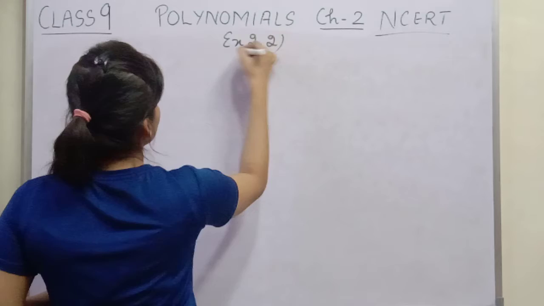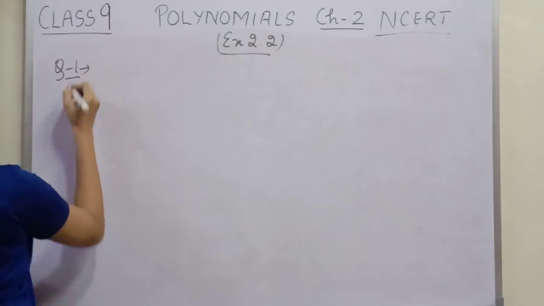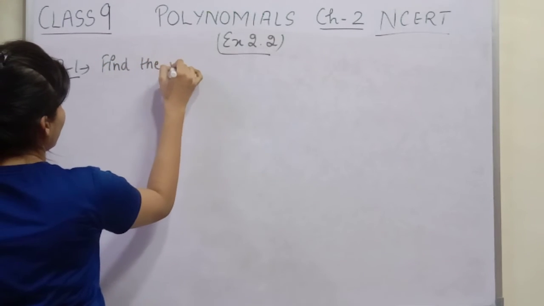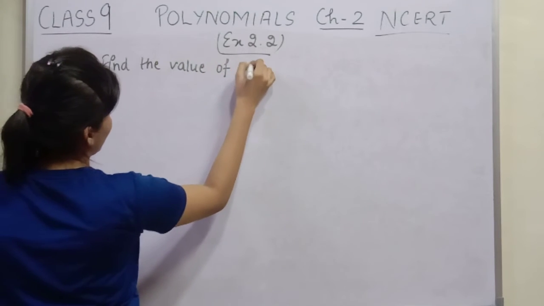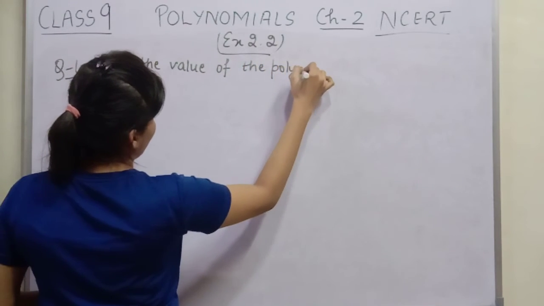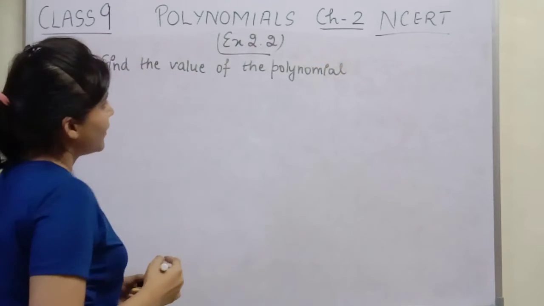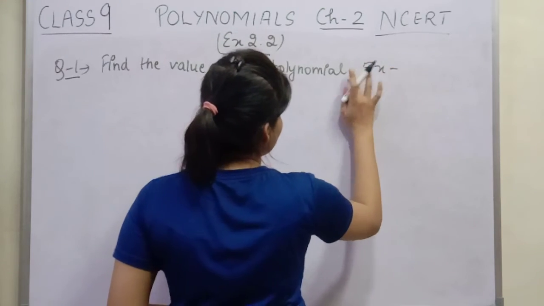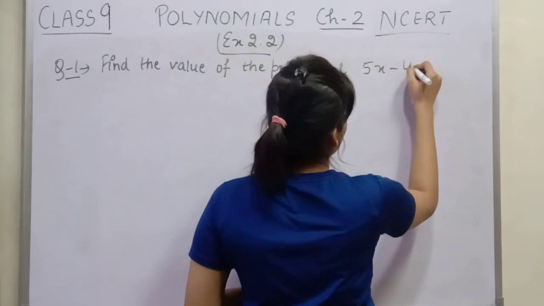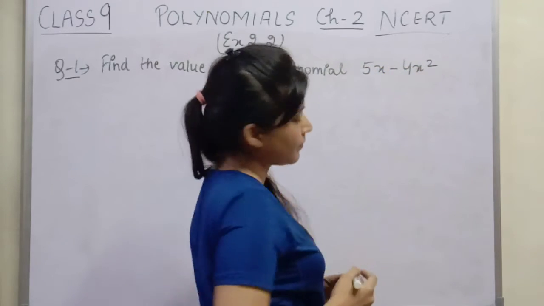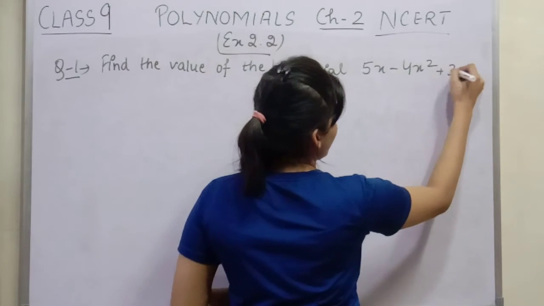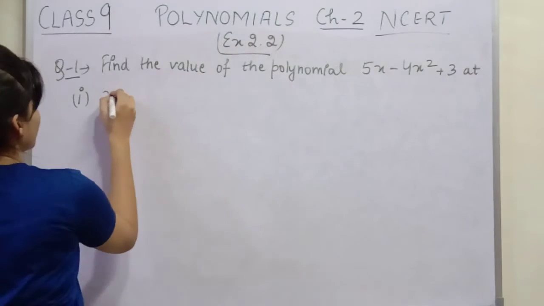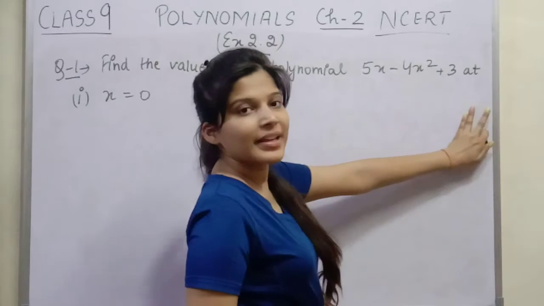Exercise 2.2, question number 1 says, find the value of the polynomial 5x minus 4x square plus 3 at, so our first part is x equals 0. So we have to find its value at x equals 0.